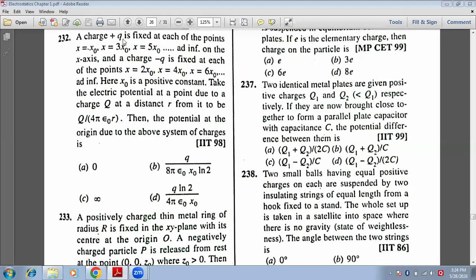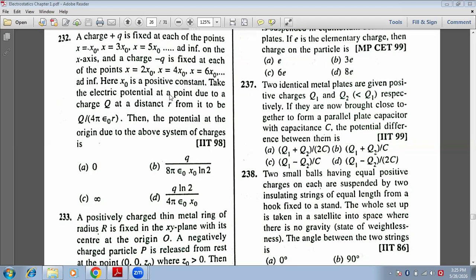A charge plus Q is fixed at each of the points x equal to x naught, x equal to 3x naught, x equal to 5x naught, and so on at infinity on the x-axis, and a charge minus Q is fixed at each of the points x equal to 2x naught, x equal to 4x naught, x equal to 6x naught, and so on at infinity. Here x naught is a positive constant.